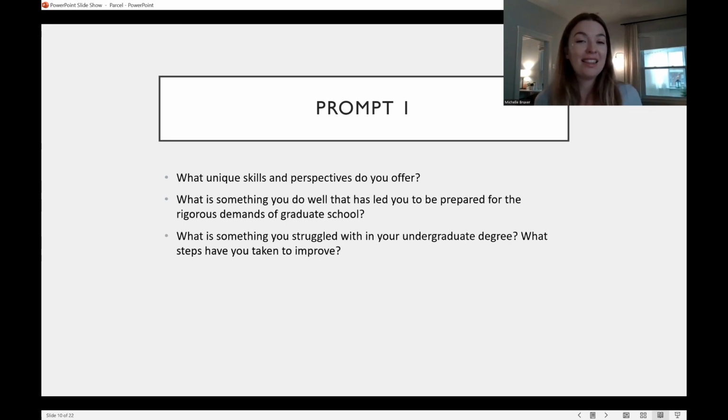And what is something that you struggled with in your undergraduate degree? And what steps have you taken to improve that thing? So some examples of academic strengths would be things like a strong work ethic, critical thinking skills, resilience. Some examples of areas of growth would be things like procrastination, time management, or overcommitment.